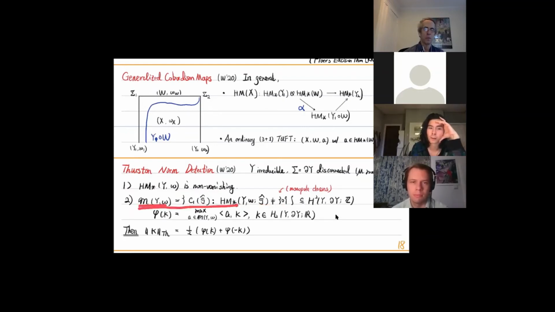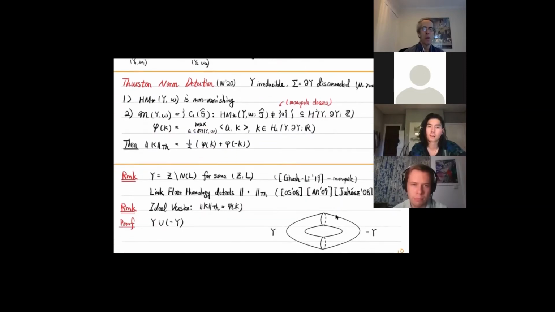This is going to be a subset of the second relative cohomology group of Y. Let's consider the function defined on the dual space: phi of kappa is defined as the maximum of all such pairings, where A is a monopole class, and kappa is an element in the dual space. The conclusion is the Thurston norm of kappa can be recovered as the symmetrization of this function phi.